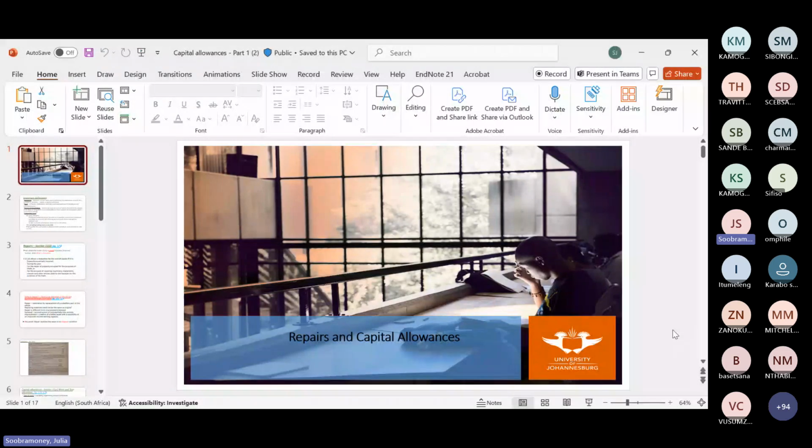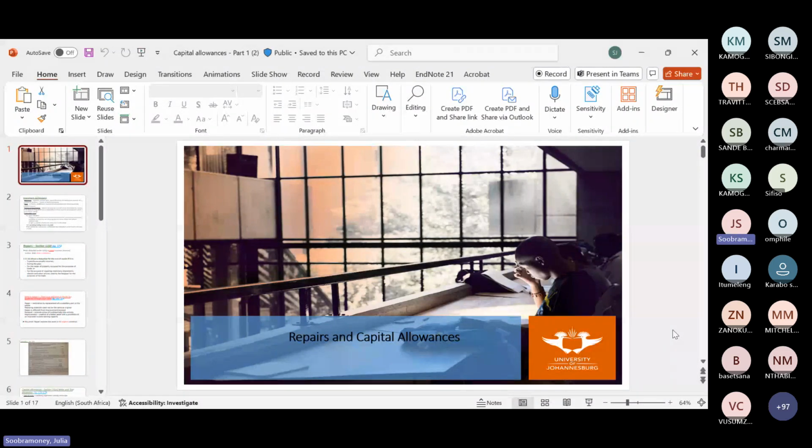You'll see as we're going through it, the terminology is a bit different. For accountancy, for example, you say depreciation, whereas for tax we say wear and tear, section 12C allowance, so we name it differently. But the concept and the underlying principles are very, very similar.